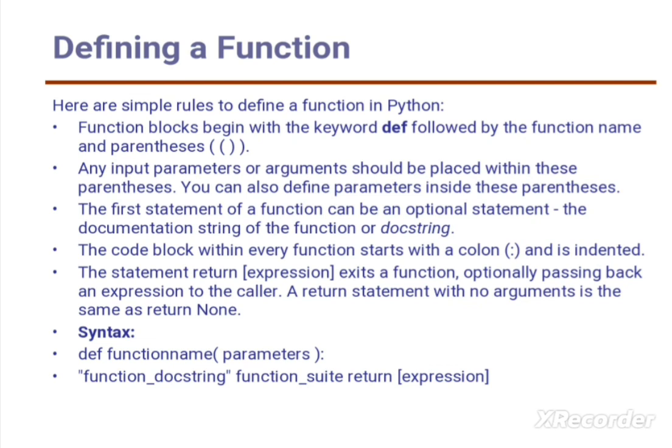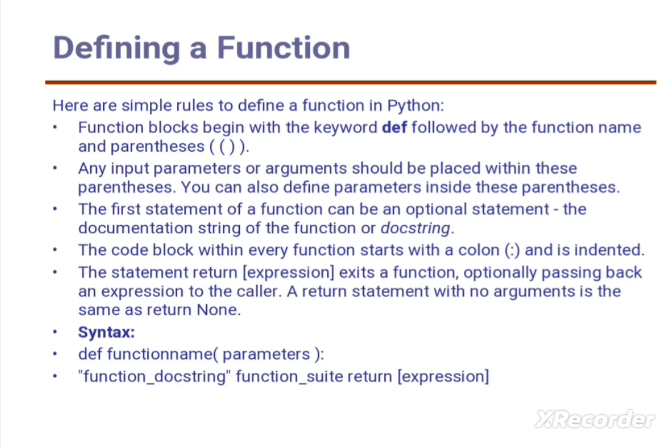Any input parameters or arguments should be placed within these parentheses. You can also define parameters inside these parentheses. The first statement of a function can be an optional statement, the documentation string of the function or docstring. The code block within every function starts with a colon and is indented.